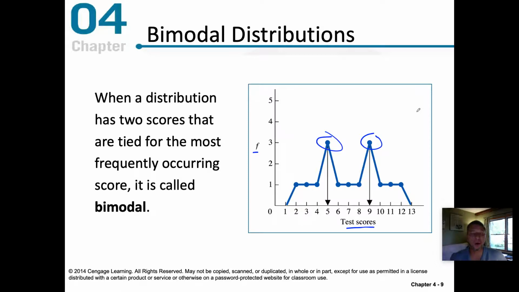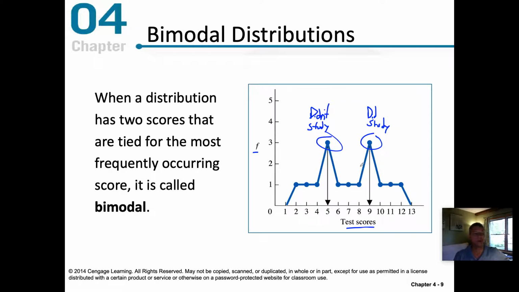Generally speaking, most tests and quizzes given by teachers and professors are bimodal. These are the kids who didn't study down here on this hump. And then these are the kids who did study. And then there are some outliers, some really high scores, some really low scores, and so on.